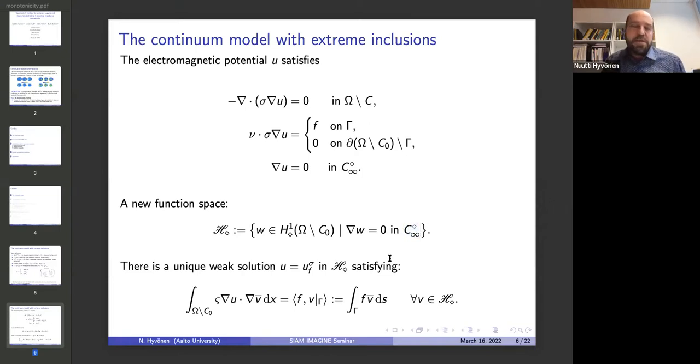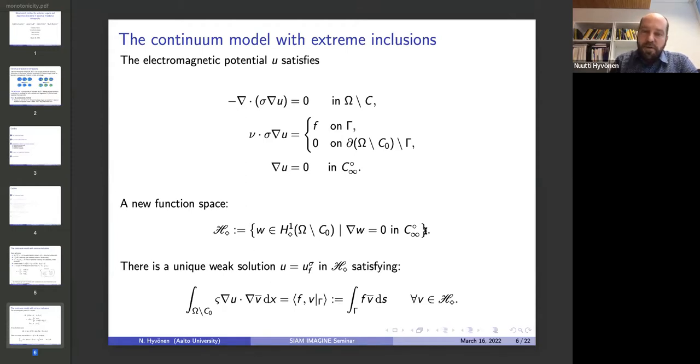So this mimics the idea that when you do variational formulations of PDEs, the Dirichlet boundary conditions, such as you could interpret this one, because it says that the potential is constant inside the ideally conducting inclusion, are included in the definition of the variational space, whereas the Neumann boundary condition is included in the actual variational equation.